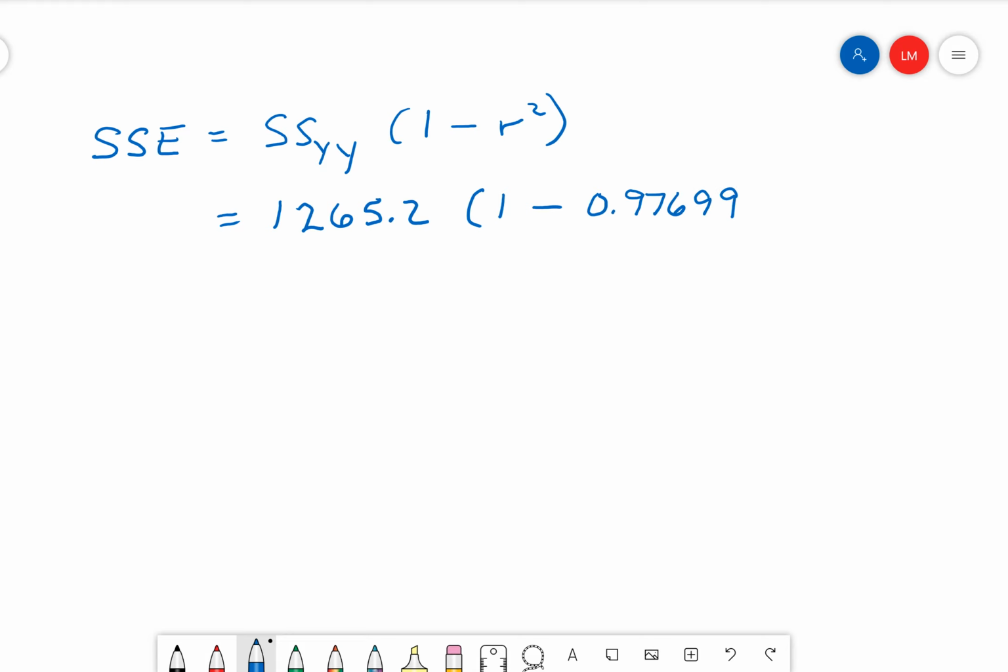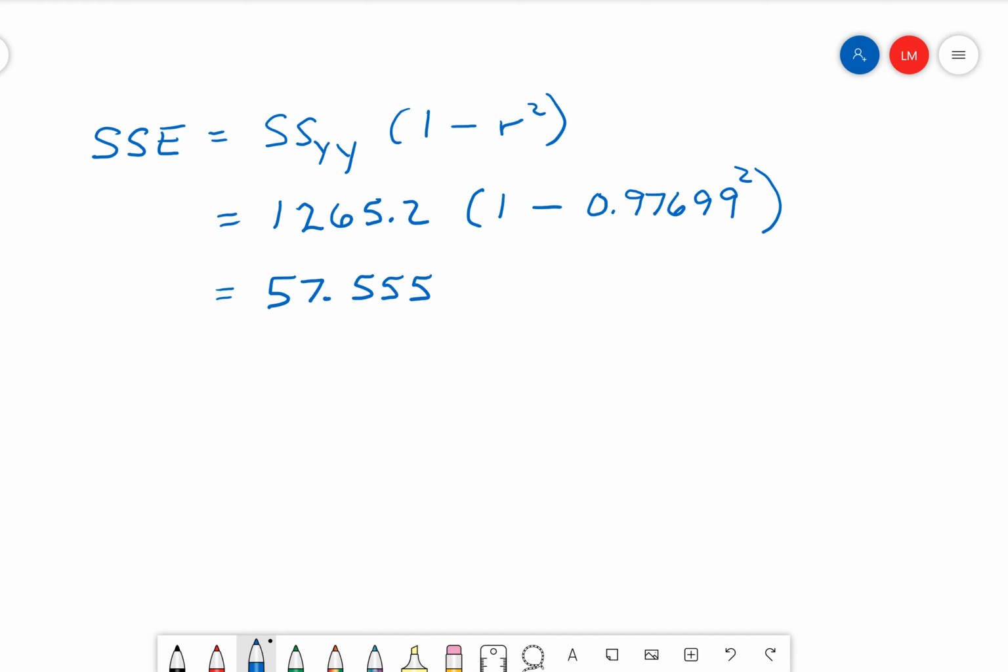Remember, there was a very strong correlation between the time spent using the online chat feature and the sales. We square that value, plug all that into our calculator, and we get 57.555, with a little bit of rounding.